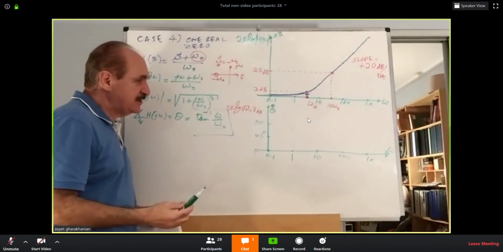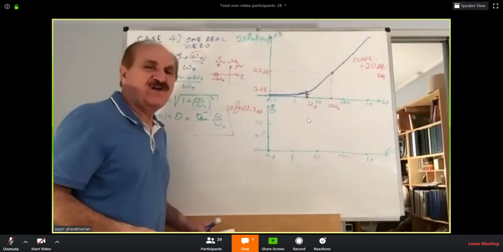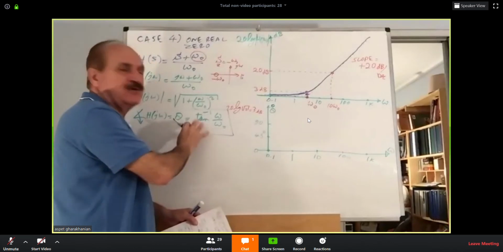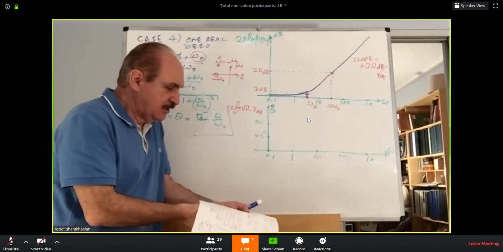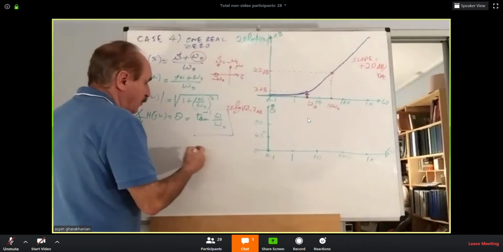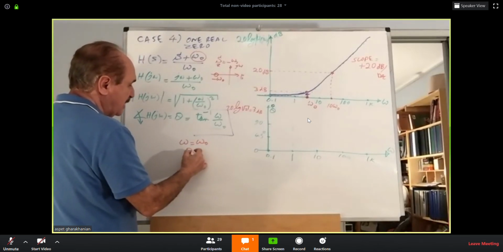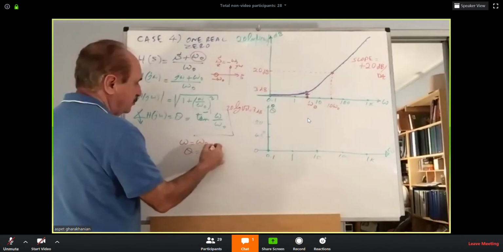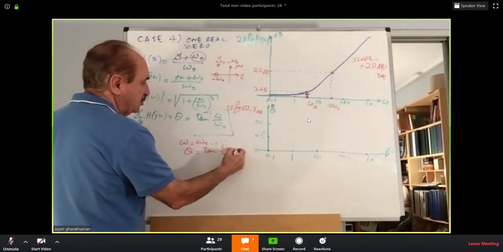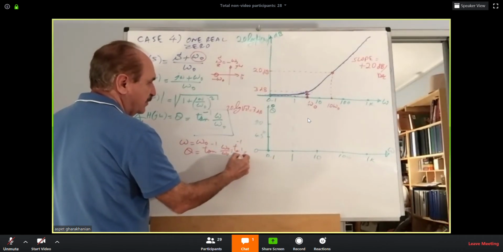Now creating a linear approximation to this inverse tan function. So how do we create 3 lines making up the shape of that inverse tan? You see the method. Number 1, we know that at omega equal to omega O, theta will be tan to the minus 1 of omega O over omega O, which is tan to the minus 1 of 1, equal to 45 degrees.